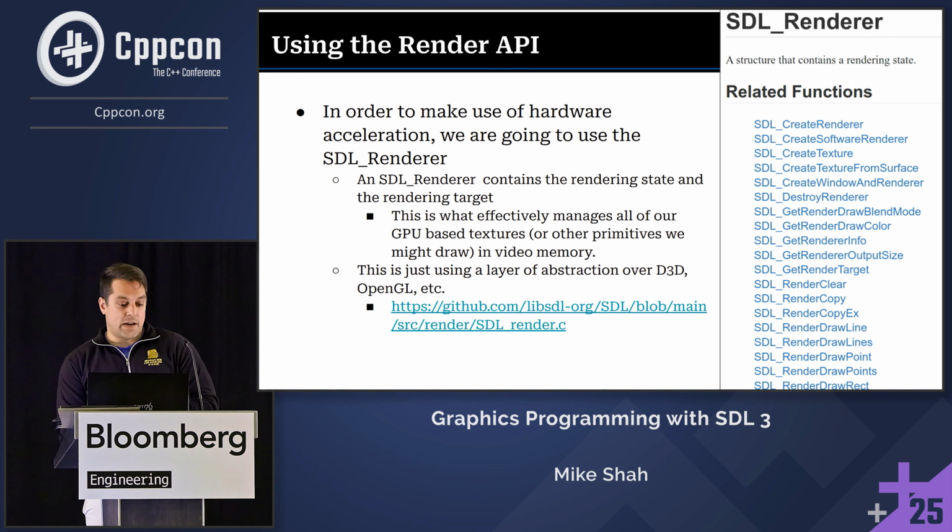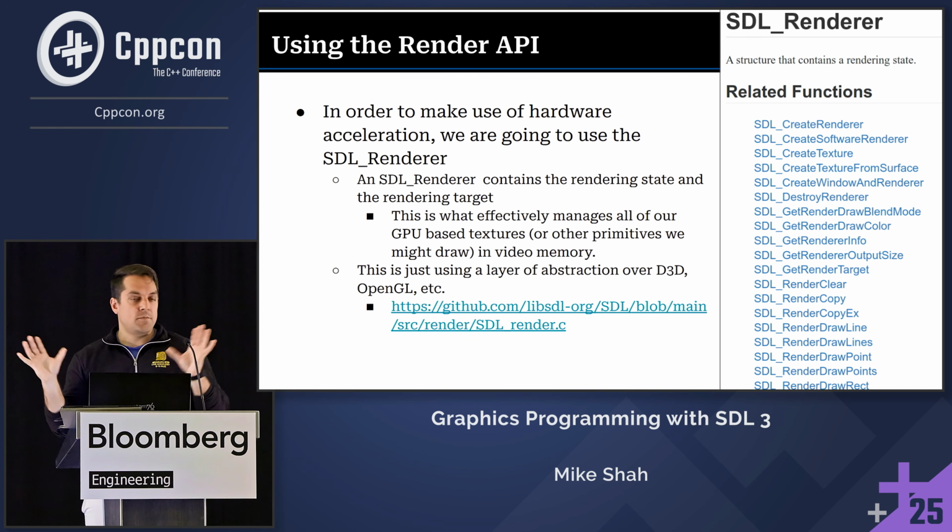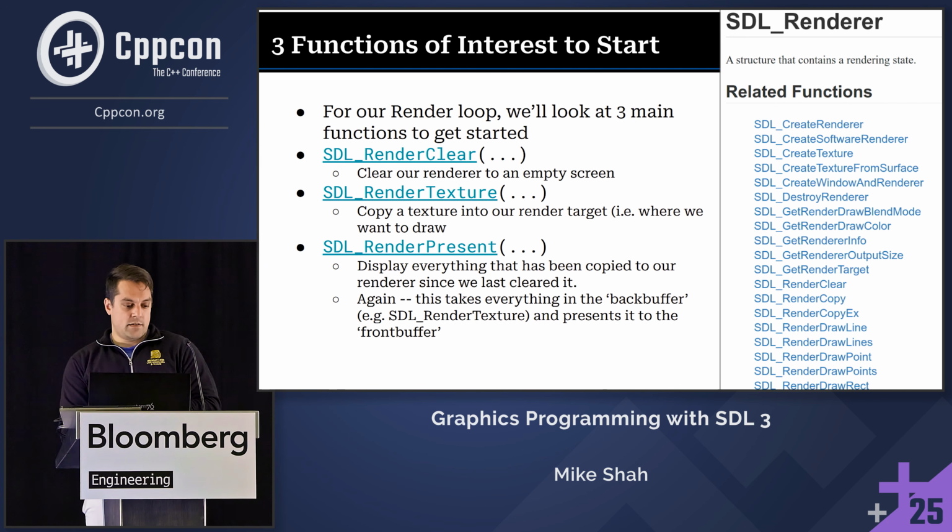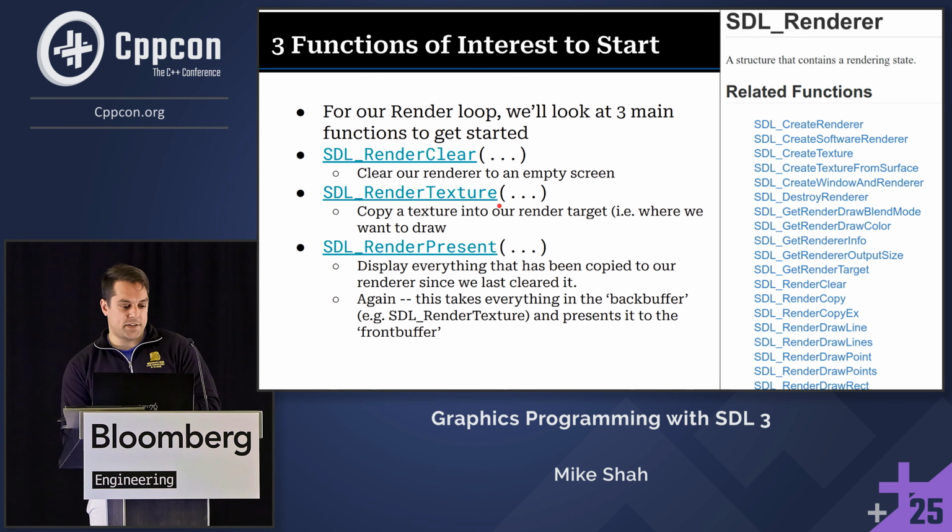SDL will choose what it thinks is reasonable. I think by default, most of the time, it's using OpenGL because that's the most widely supported thing. So I already showed you how to clear and how to present, but in the middle, now I'll show you how to render a texture. So we'll see something a little bit more interesting.